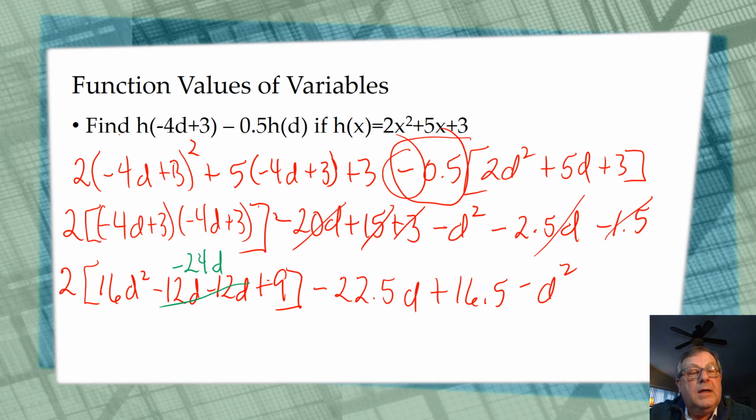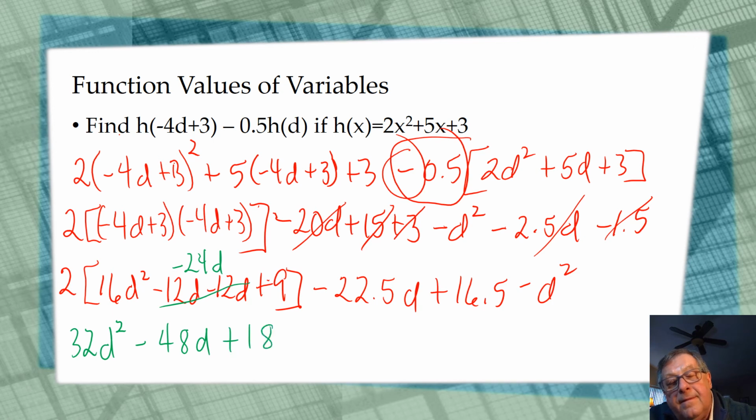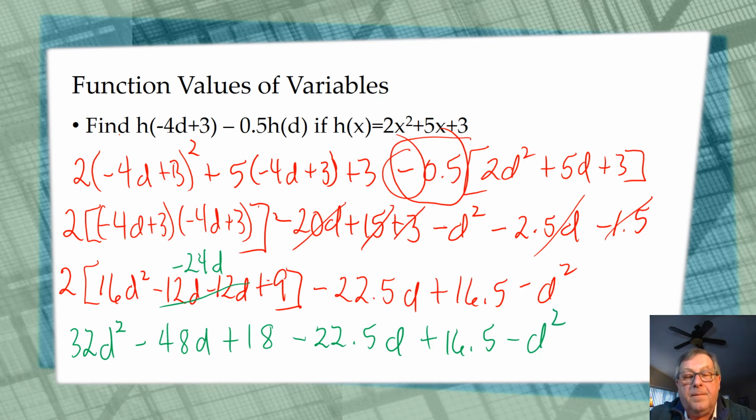All right, 2 times 16d squared is 32d squared. 2 times negative 24d is minus 48d. And 2 times 9 is 18, minus 22.5d plus 16.5 minus d squared.